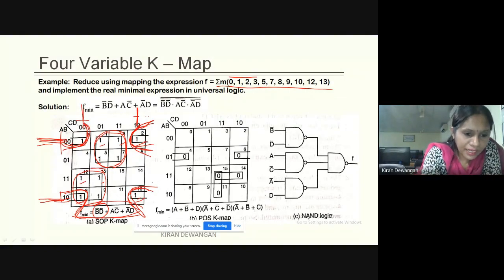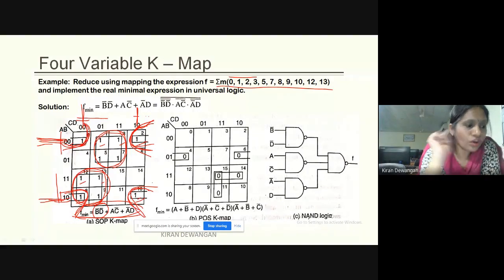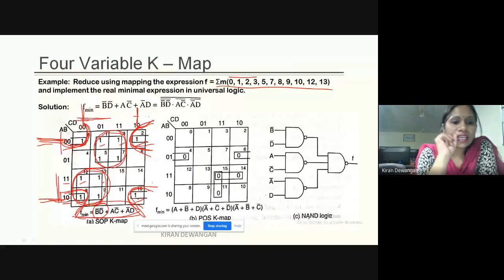Now if I am taking this quad, अगर मैं ये वाला quad लेती हूँ तो मुझे ये दोनों rows लेना पड़ेगा और ये दोनों columns लेना पड़ेगा. So what is common in these 2 rows? That is A. A is 1. So A is common, and out of these 2 columns, only C bar is common.